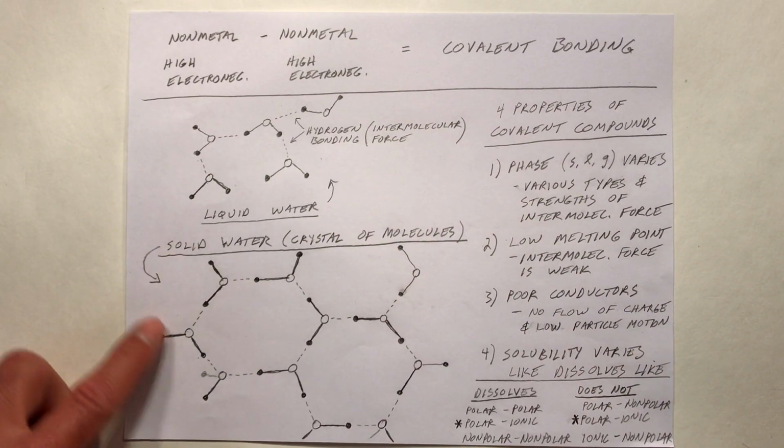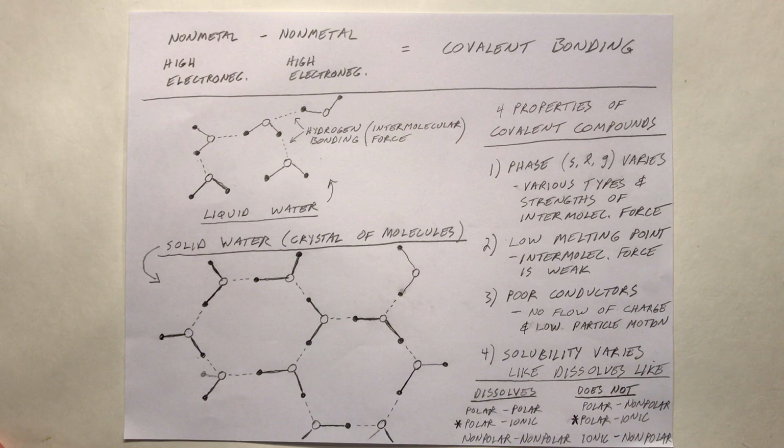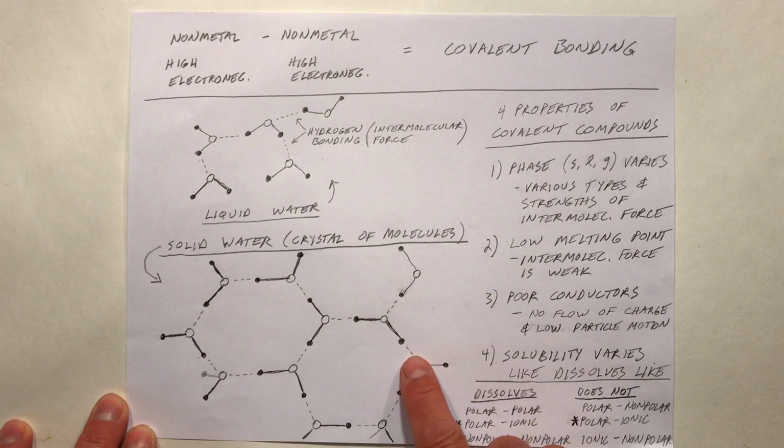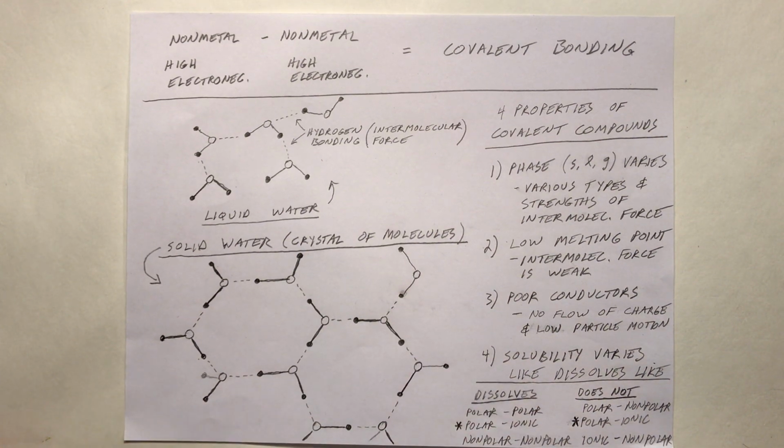In this case, it would be solid water, ice. Notice that the intermolecular force between these molecules is much weaker than the ionic bonding that's holding together the ions in an ionic crystal. So we're going to get some different properties because of this.